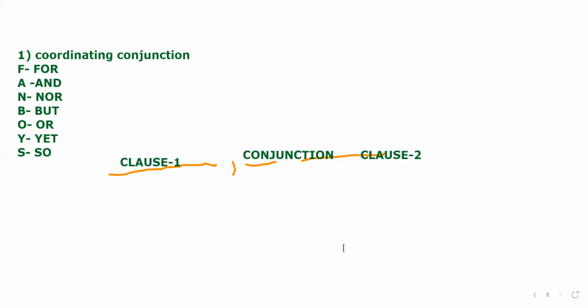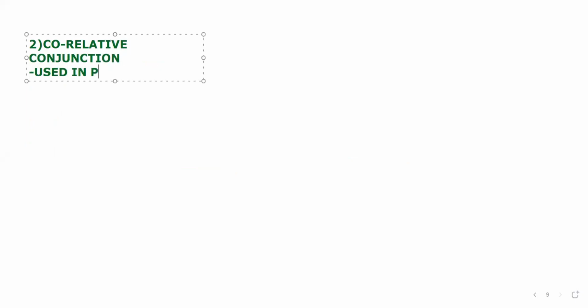Now, let's move on to the second type of conjunction, which is correlative conjunction. Correlative conjunctions are always used in pairs.